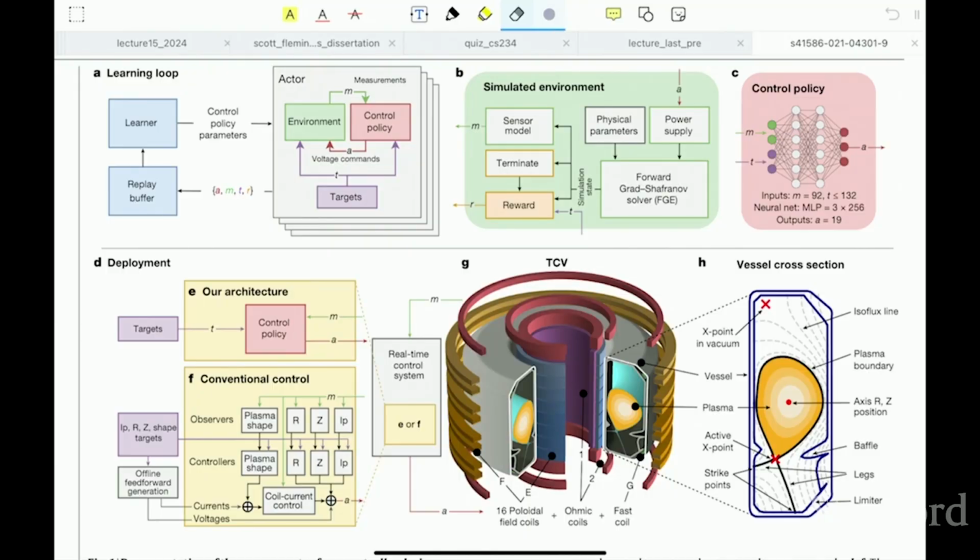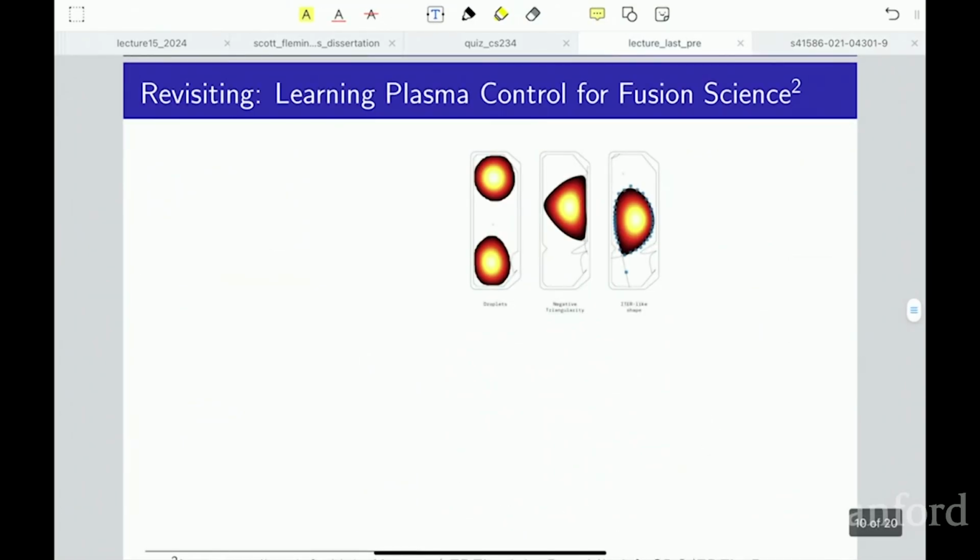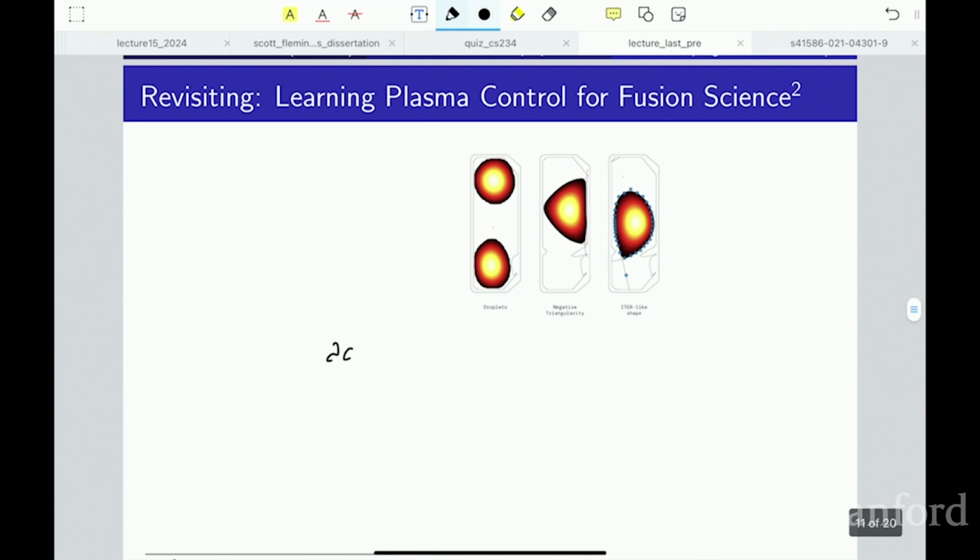All right, so let's go back to here. So in this case, it's an actor-critic. This is complicated. This is simple. This has to be simple for speed, and we all do this with a simulator.